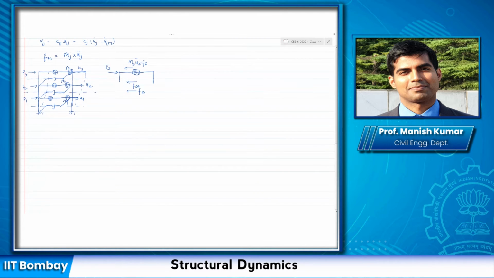Now, Fd3 is basically the damping at level 3 times the relative velocity at third story, which is equal to C3 times (U3 minus U2) dot. Similarly, Fs3 would be K3 times (U3 minus U2). So these are the stiffness and the damping contribution to the story shear at the third level.